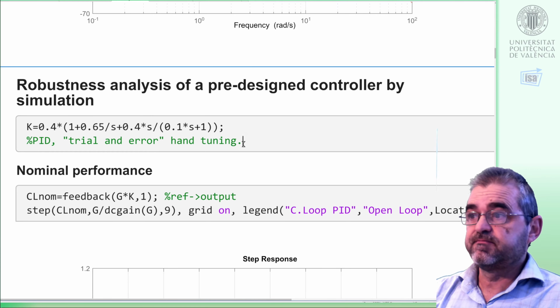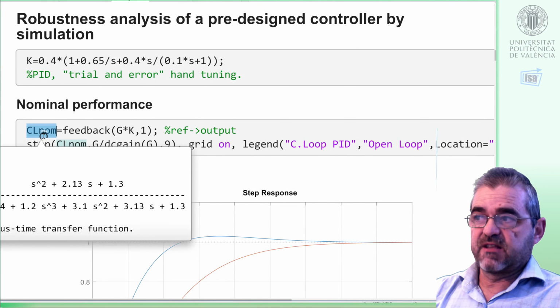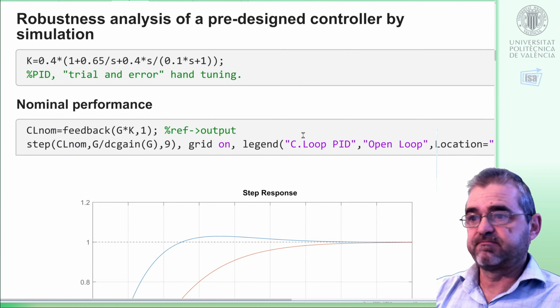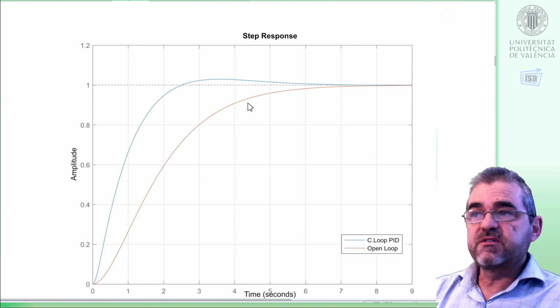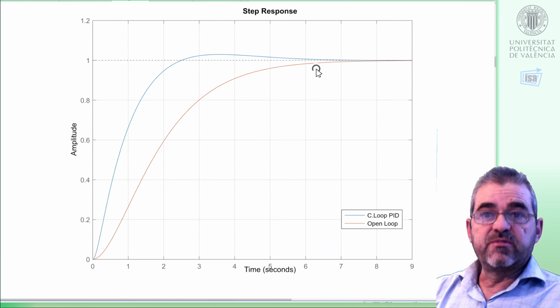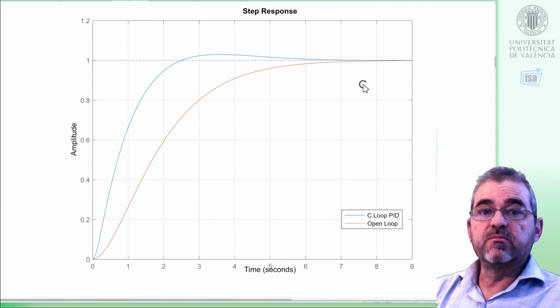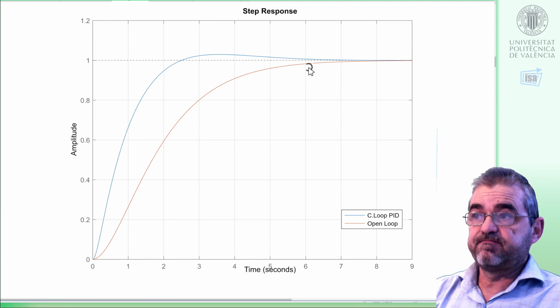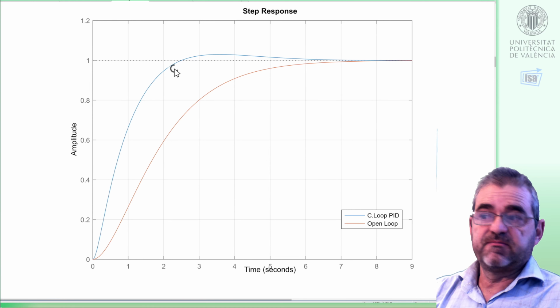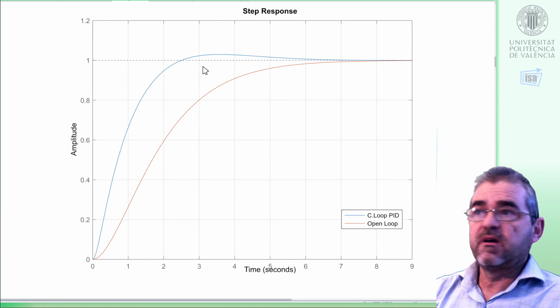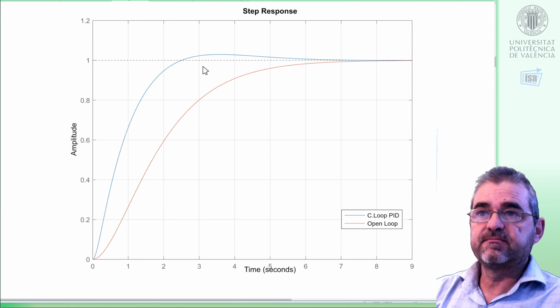So let's do it. This CL_num stands for the nominal closed loop, from reference to output. Here we have a nice response, in which the open-loop step response, normalized by the DC gain so that it ends in 1, has an open-loop settling time of around 6 seconds, which is accelerated almost 3 times to 2.5 seconds, let's say, rise time, and we are happy with this performance.